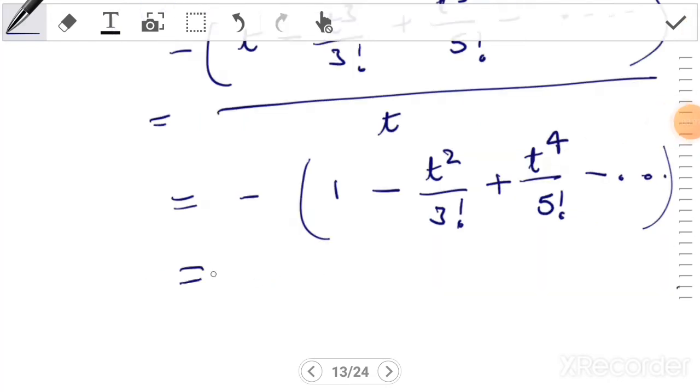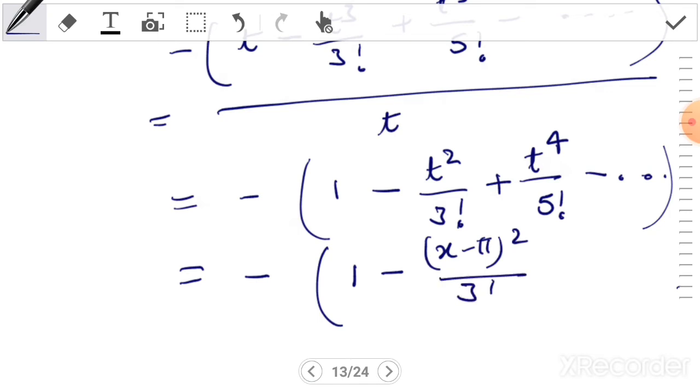Now replace t by x minus pi, whole square by 3 factorial plus x minus pi raised to the power 4 by 5 factorial, minus.